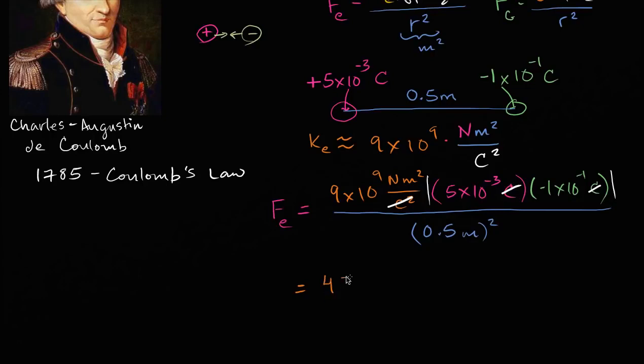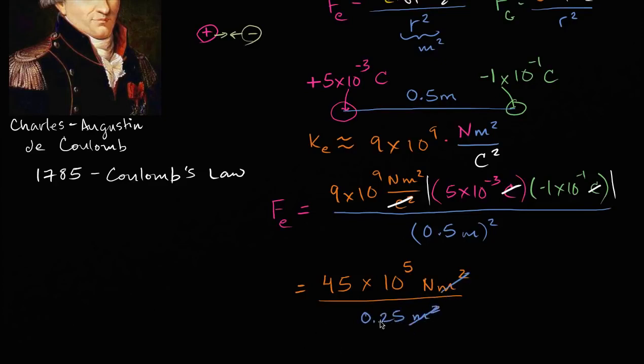So it's going to be 45 times 10 to the 9 minus 30 minus 1, so 10 to the 5th. The coulomb's already canceled out. And we're going to have newton meter squared over 0.25 meter squared. These cancel.